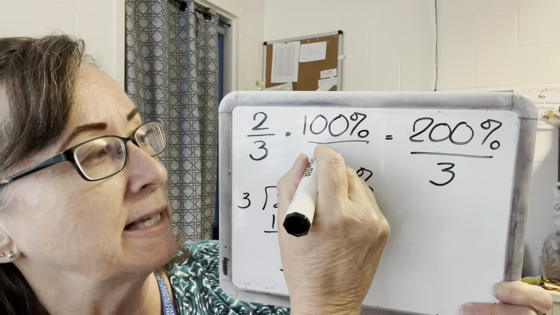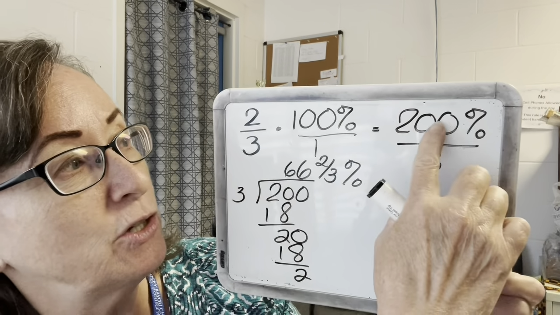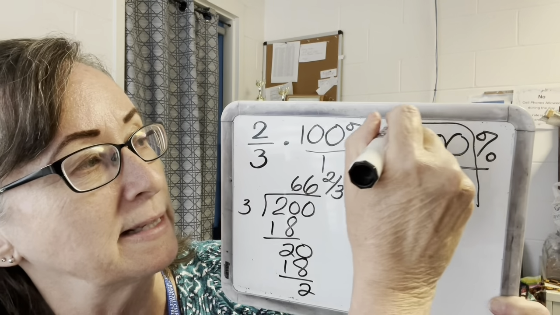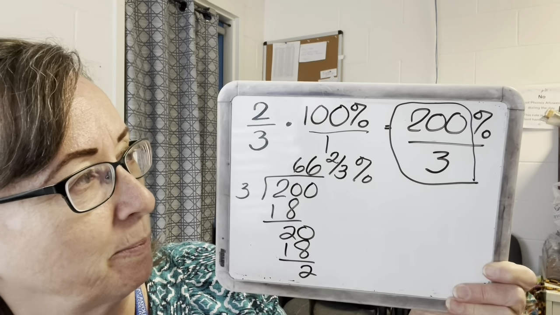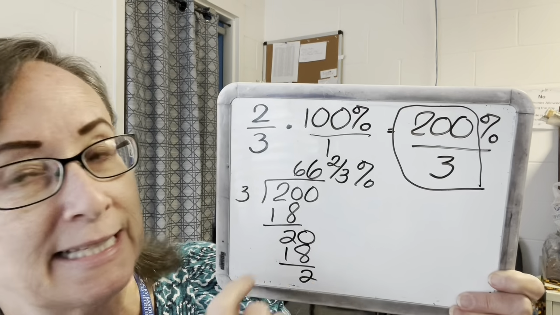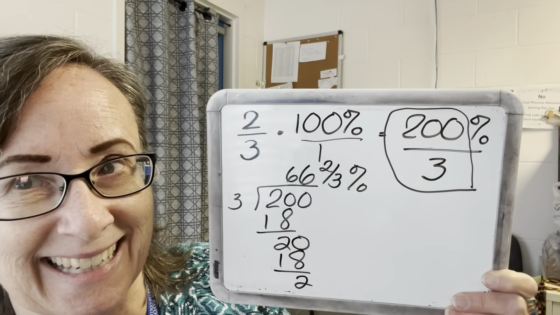You can think of this as 100% over 1. And then 200%, we have the percent sign, so all we need to do is this math right here to put it into the proper form. So 200 divided by 3 when we do long division is 66 2/3. 66 2/3% is the answer.